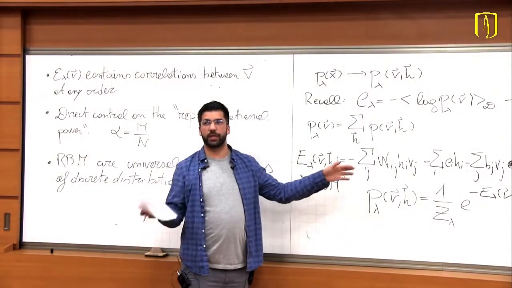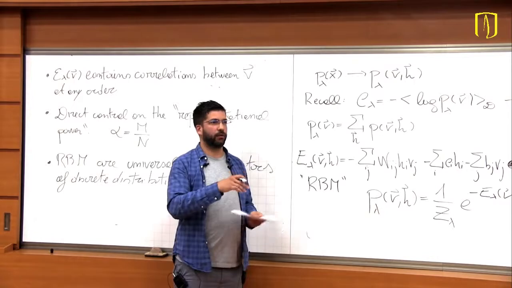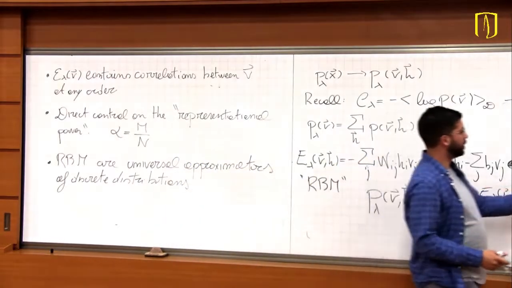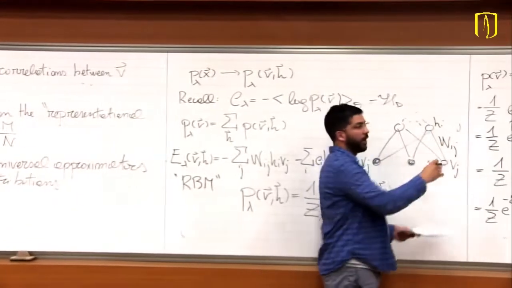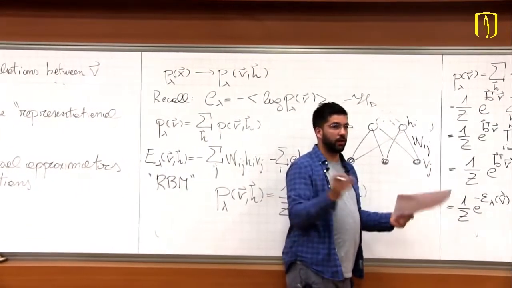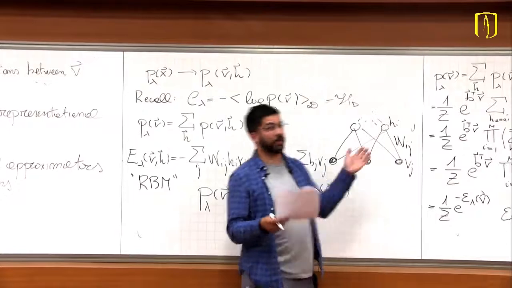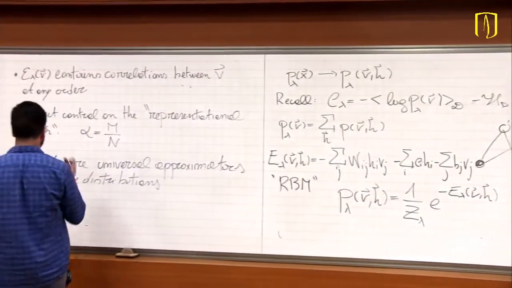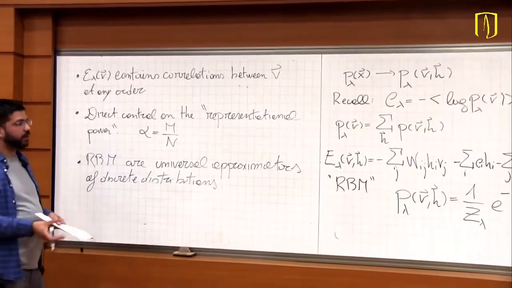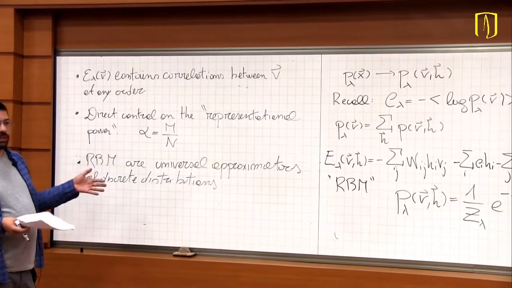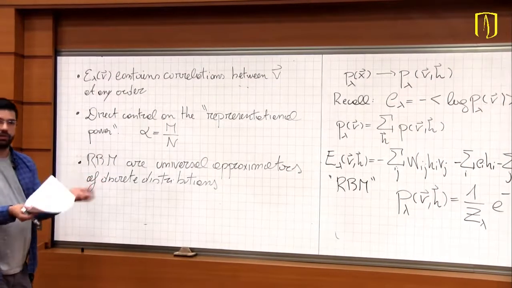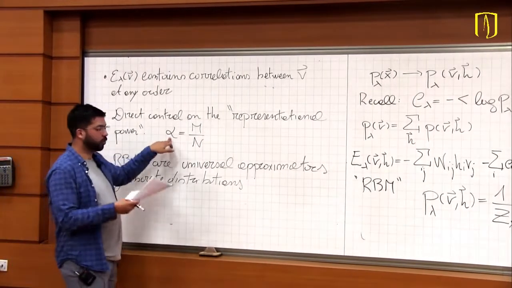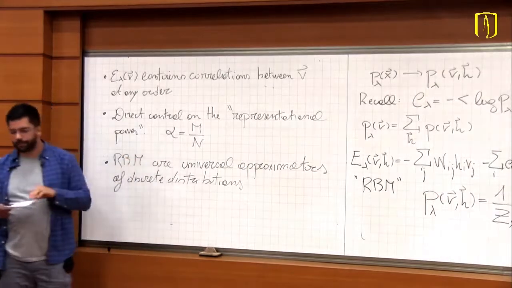In the worst case scenario, if you have n visible neurons and 2 to the n hidden units, you are sure that you can find a representation of any distribution. But of course, that would be very, very inefficient. So the question is, can we find some efficient representation with a small number of hidden units, maybe order n, so alpha equal to 1 or 2.